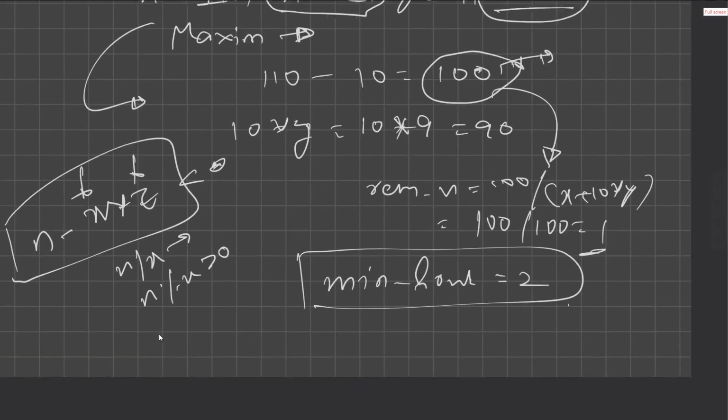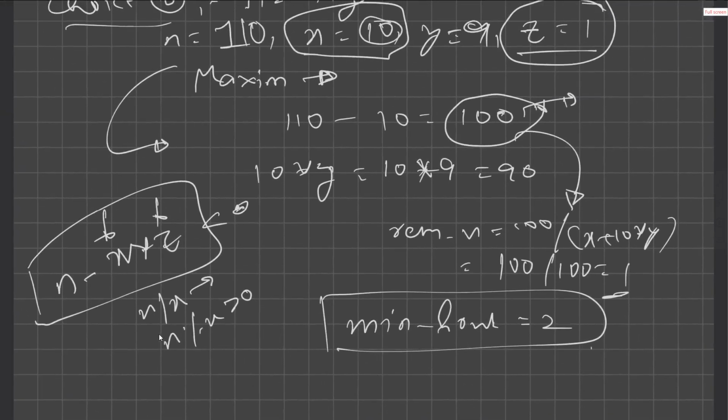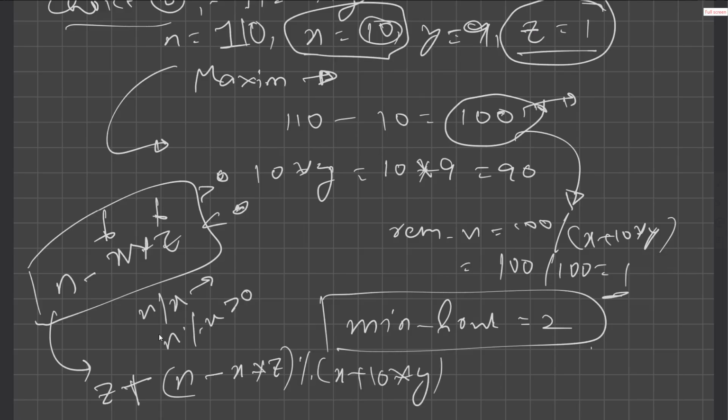Okay, now the case here, whatever we had, the case was like this thing was greater than 0, right? n minus x*z is greater than 0. In that case, now the number of hours will be whatever hours you have, z, plus (n minus x*z) divided by x plus 10 times y.